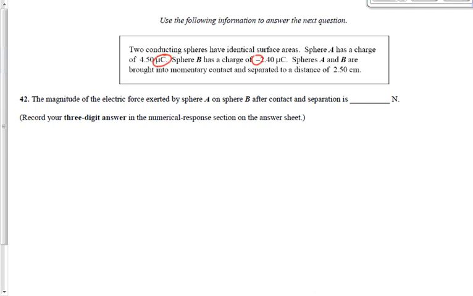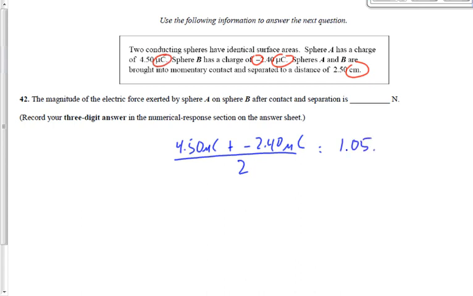Microcoulombs, negative microcoulombs, centimeters. Let's balance them out first. We got 4.50 microcoulombs plus negative 2.40 microcoulombs, divide that by 2. And I think when we do that, we end up getting 1.05 microcoulombs, or 1.05 times 10 to the minus 6 coulombs.